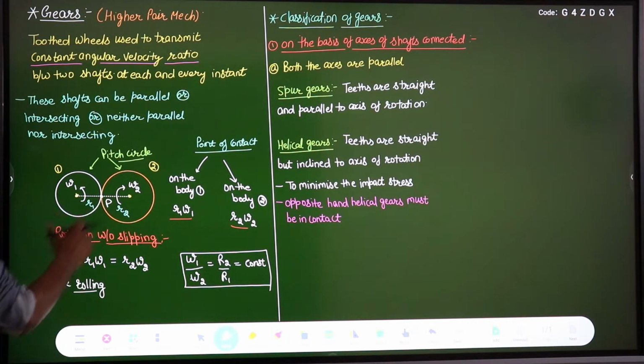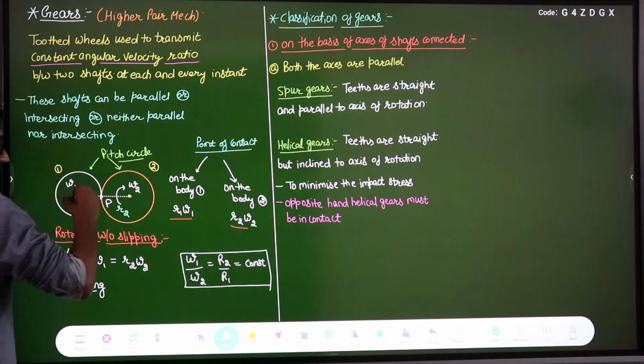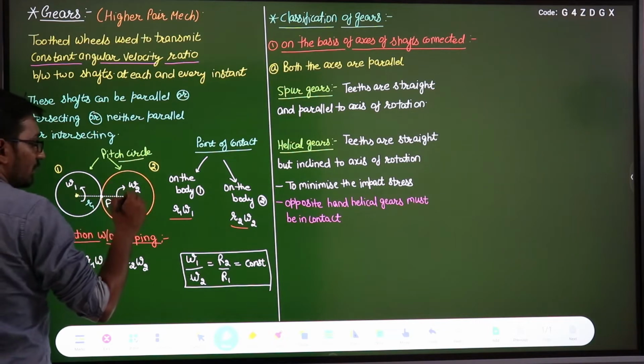So these circles are known as pitch circles, and these will represent a gear. This is the input shaft, rotating with angular velocity omega 1. This disc or gear is connected with this shaft, so this disc is also rotating with angular velocity omega 1. From this shaft we want to transmit the power to this shaft.